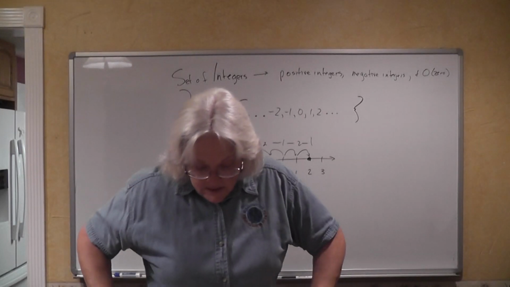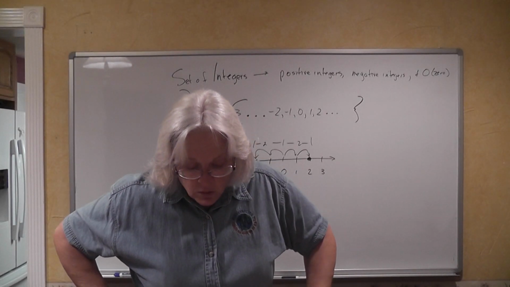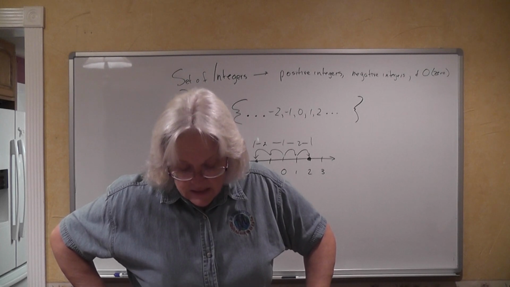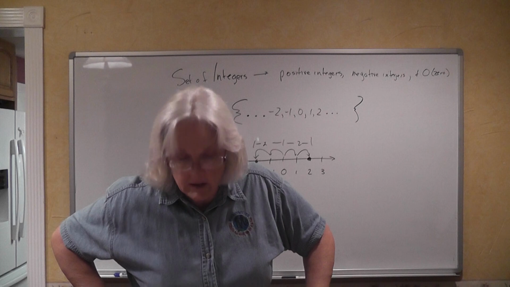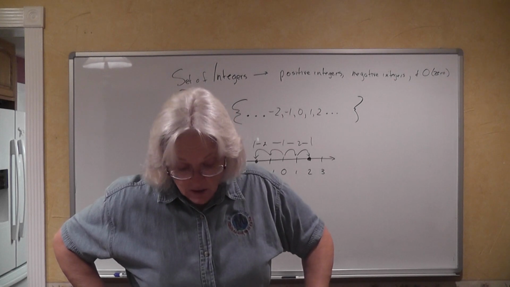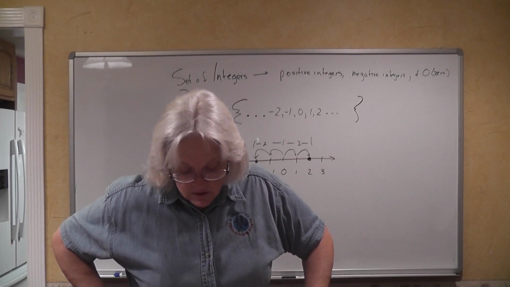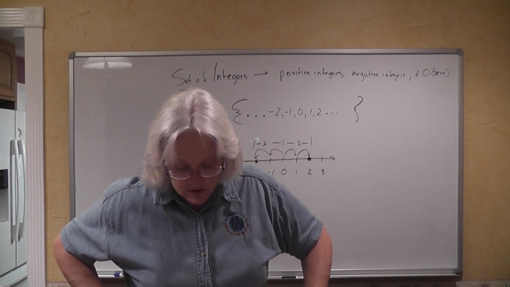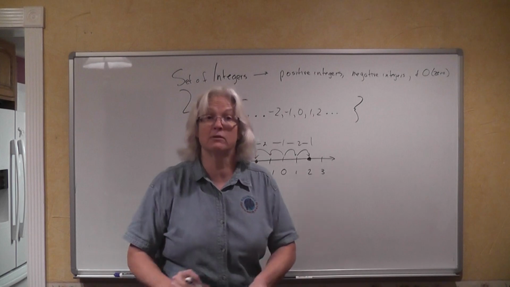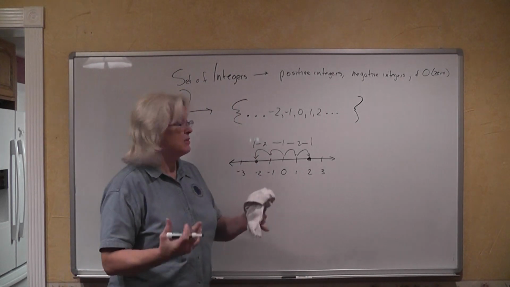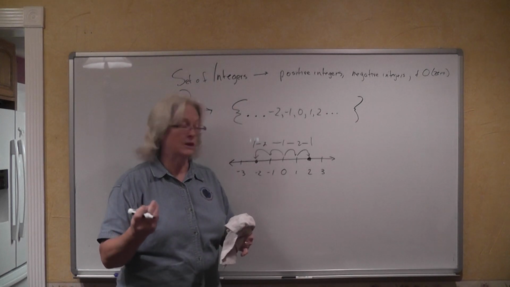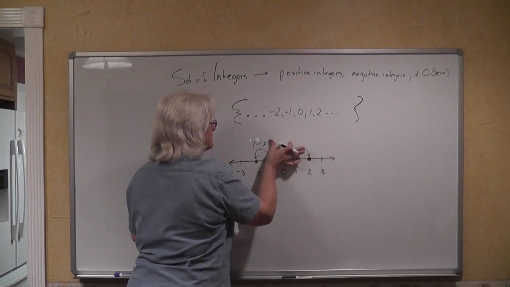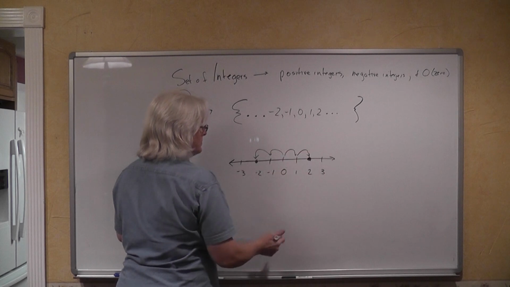Your book here tells us, let's observe that 3 and -3 are located the same distance from 0 on the number line and in opposite directions. Integers like these are called opposites. Every integer has an opposite, and the integer 0 is its own opposite. They're using -3 and +3, but they are the same distance from 0 in opposite directions.